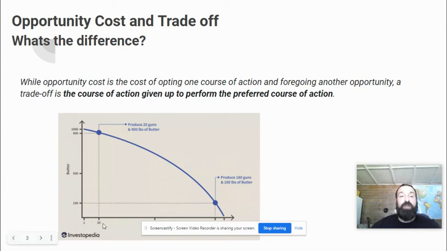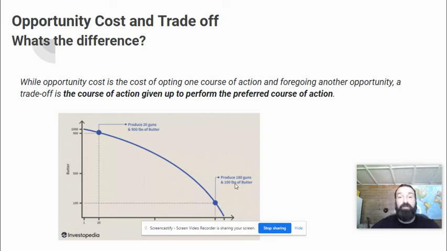So if you look at this graph here, if an economy chooses to produce 20 guns, then they can produce 900 pounds of butter. And all the way down here, if they want to produce 100 pounds of butter, they can produce 180 guns. So it's finding that balance. So basically, when we talk about opportunity cost, it is the cost of the choice that the economy makes.